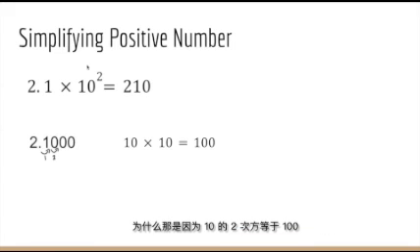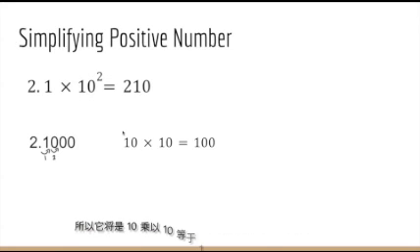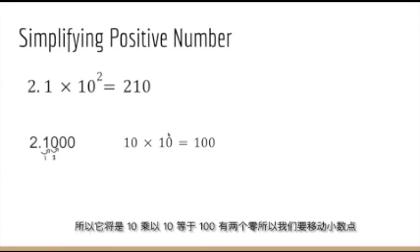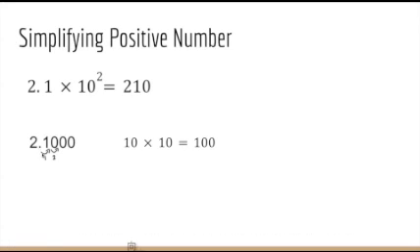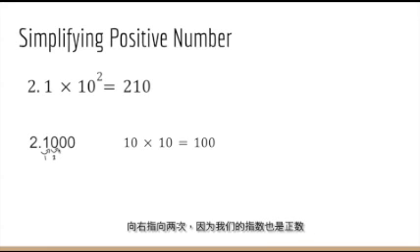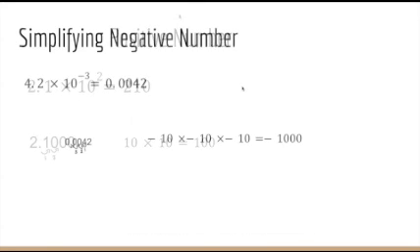That is because 10 to the power of 2 equals 100, because our exponent is going to multiply our base, which is 10, twice. So it will be 10 times 10, which equals 100, which has two zeros, so we're going to move the decimal point twice to the right because our exponent is also a positive number.